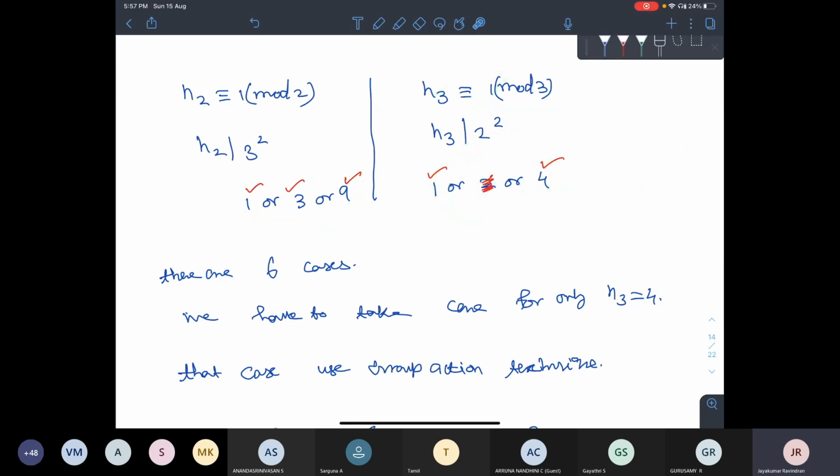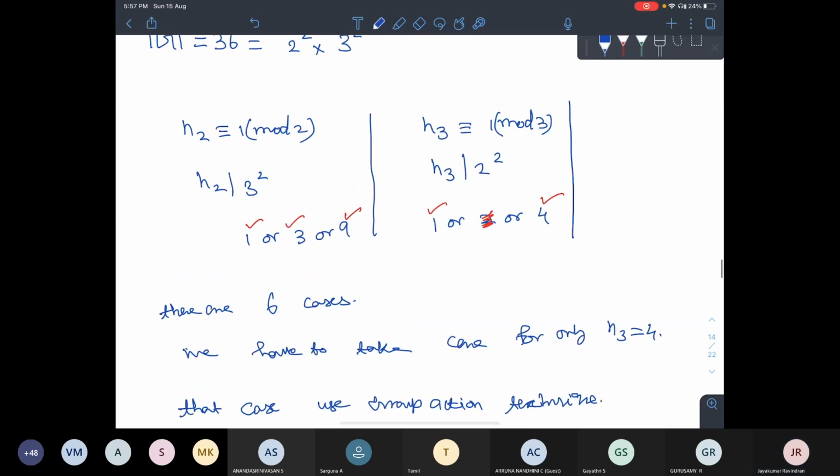But again, I don't want to consider all 6 possibilities. Let me write them: N2, N3 pairs: 1,1; 3,3; 9,9... that is, N2 is 1, 3, 9 and N3 is 1, 4, 1, 4, 1, 4. You see, these cases are easy. Only I have to care for this case.